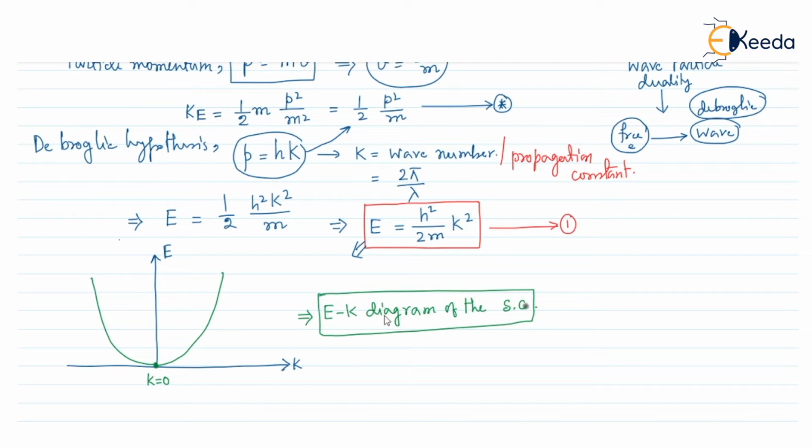From this E-k diagram we can see that the plot is parabolic. Now, this E-k representation of the semiconductor can also be explained with the band diagram. Let us see how this E-k diagram is associated with the band diagram of the semiconductor.